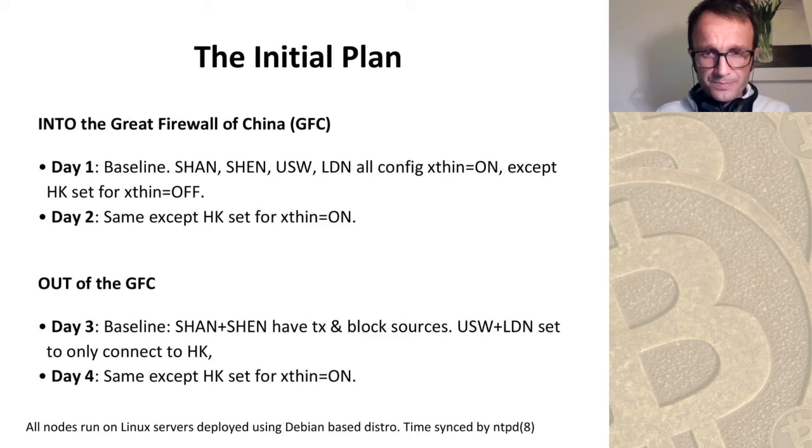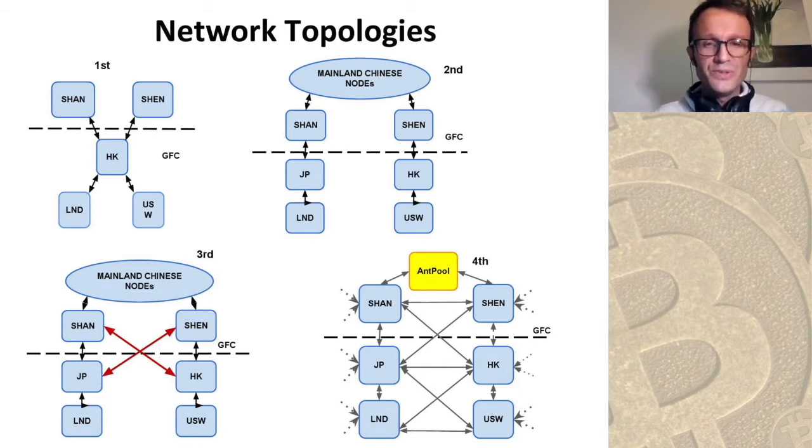We have used quite a few network topologies because along the way we found out that the initial topology that we thought about, the one that you see labeled as first, wasn't robust enough to keep up the pace.